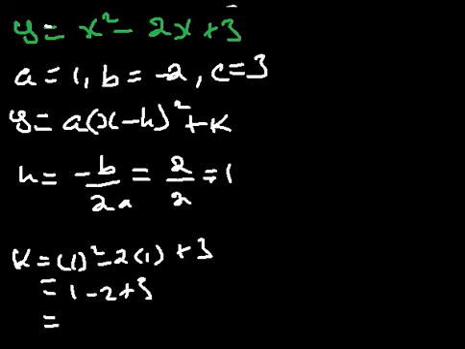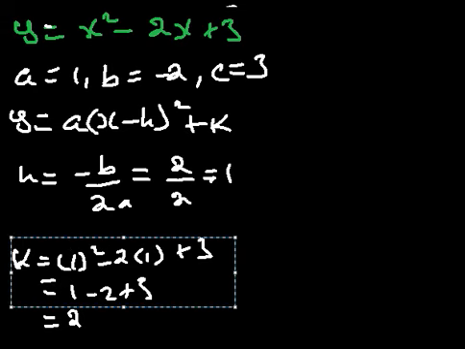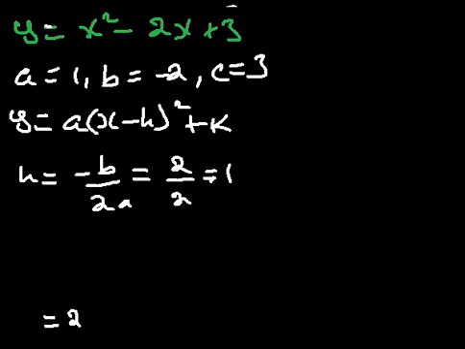Now we'll have 2. That is the k value. So it means the point of interest, that is the turning point, has the coordinates 1, 2.